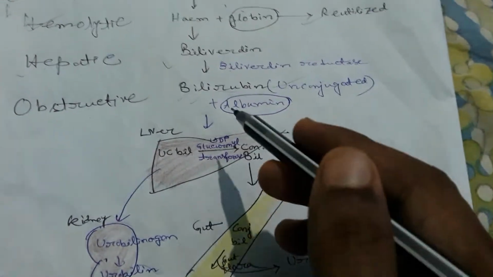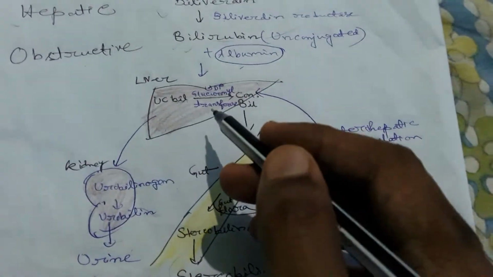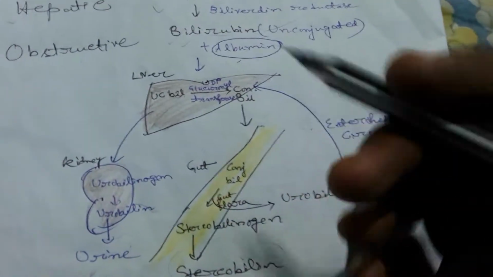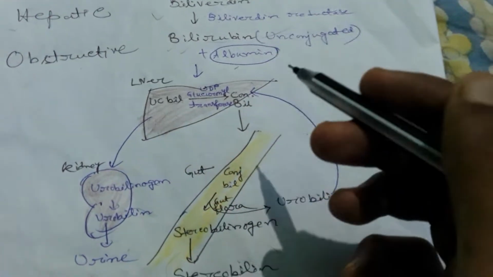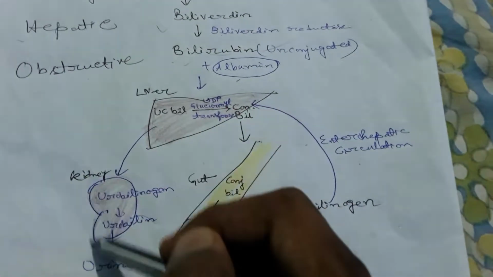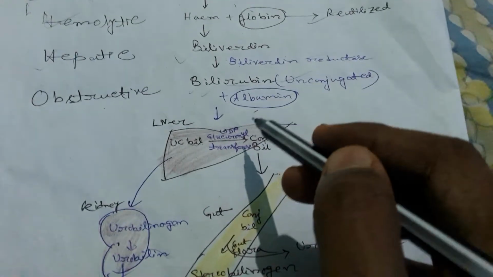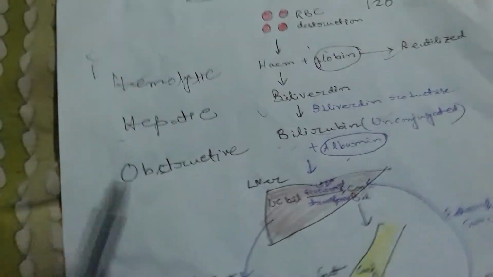So most of the unconjugated bilirubin can't be converted into conjugated bilirubin. It is one cause, and the second cause is that conjugated bilirubin is water soluble. This water soluble conjugated bilirubin will go out from the body. So we will find an excessive amount of unconjugated bilirubin compared to conjugated bilirubin.